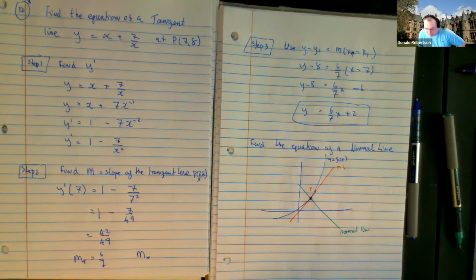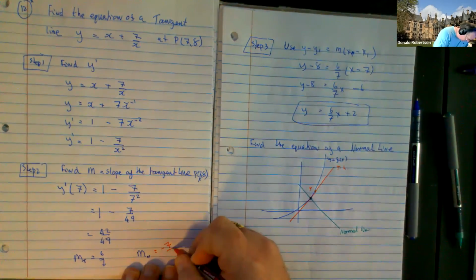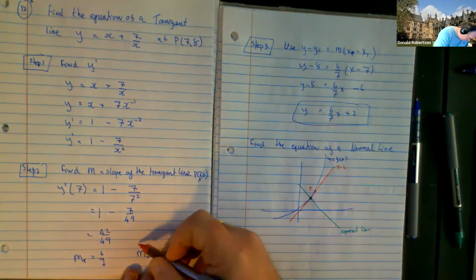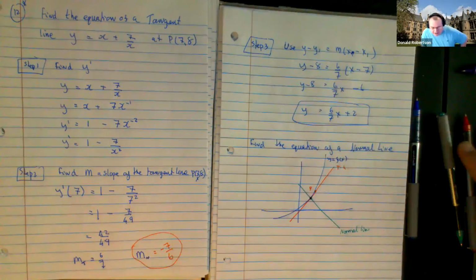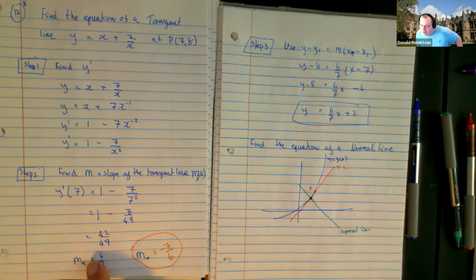Now, you might never have heard of it, so I don't think it was fair to ask you. So here it is. It's a negative reciprocal. Turn this guy upside down and make him negative. That guy is always going to be perpendicular to that.